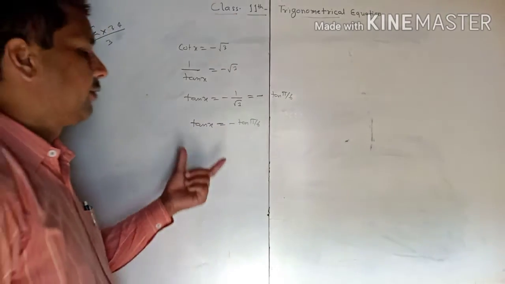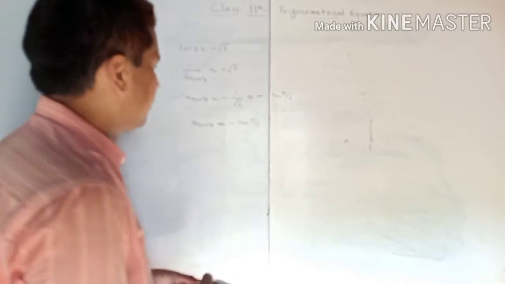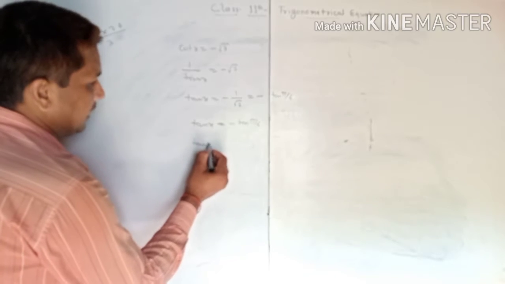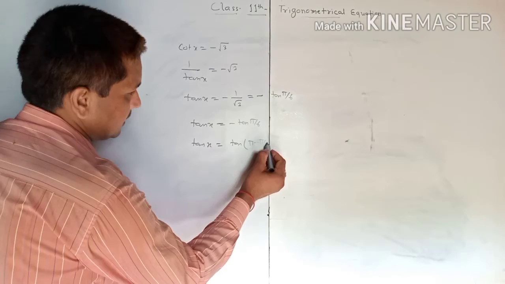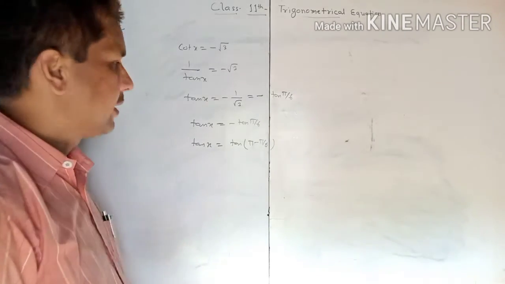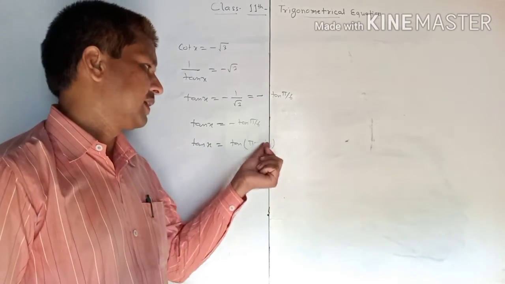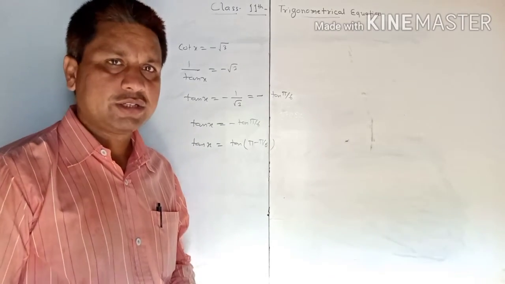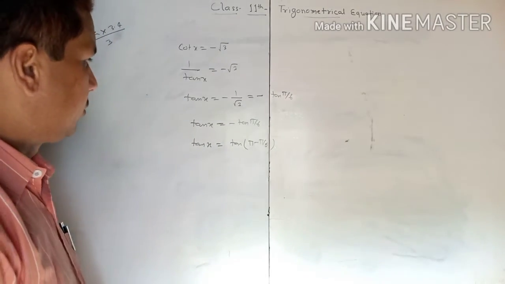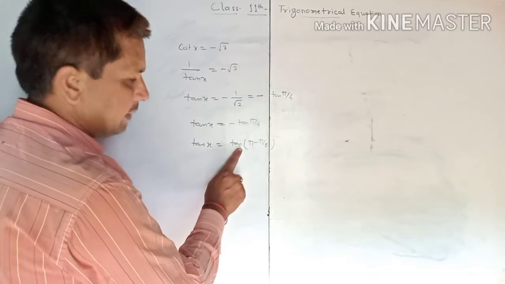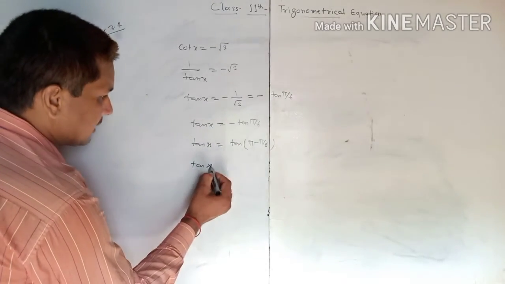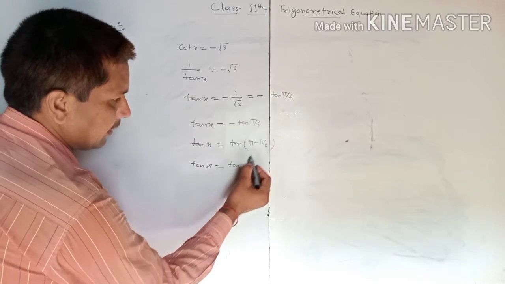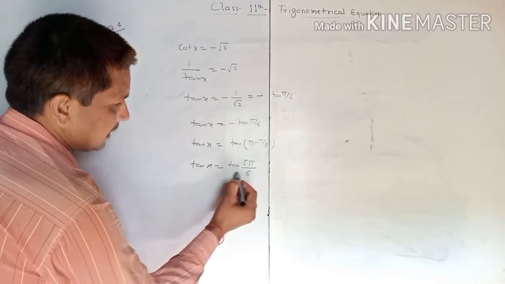So first of all, make it in the form of tan x is equal to tan y. So tan x is equal to tan of pi minus pi by 6. You know, in the second quadrant tan is negative, so minus tan pi by 6 can be written as tan of pi minus pi by 6. Finally we get tan x is equal to tan 5 pi by 6.